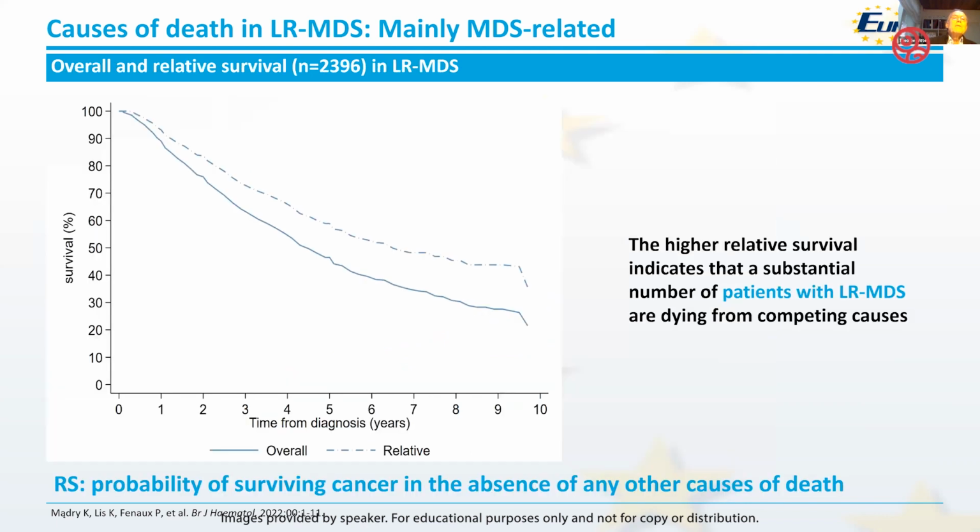When you look at the overall survival, the lower curve, and the relative survival for the control group, you see an overall difference of around 15%, which means that 15% of the patients die from competing causes, competing with the MDS causes or MDS-related causes.